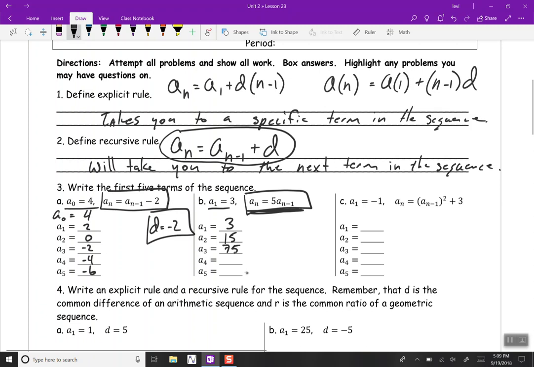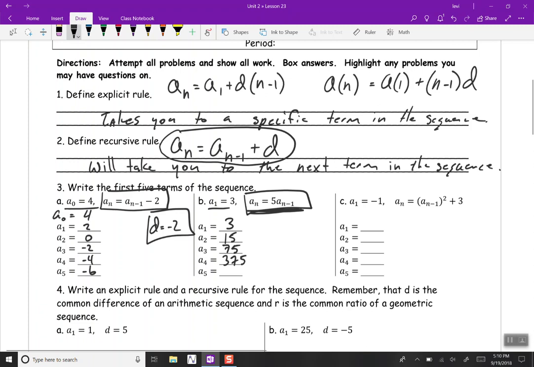75 times 2 is 150, so 75 times 4 would be 300. 75 times 5 would be 375.